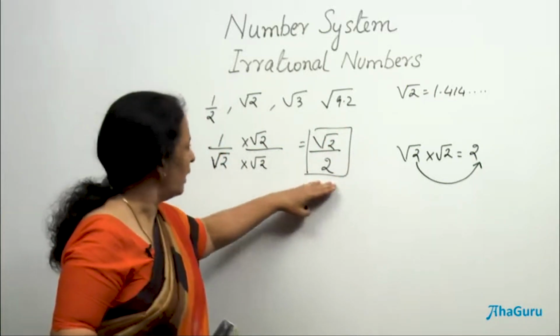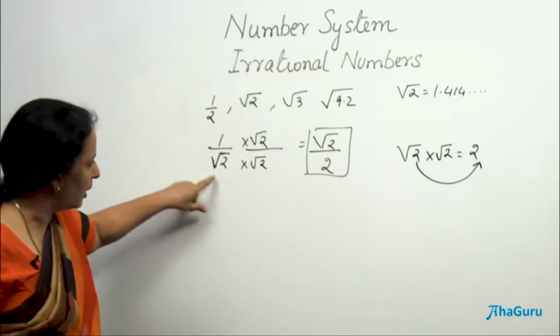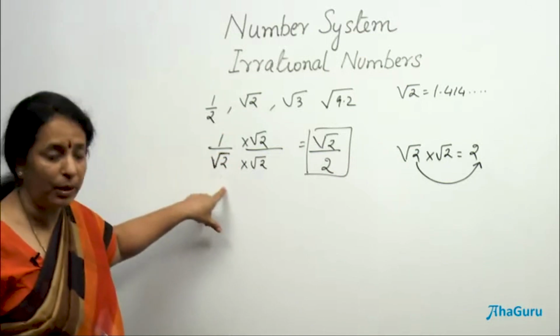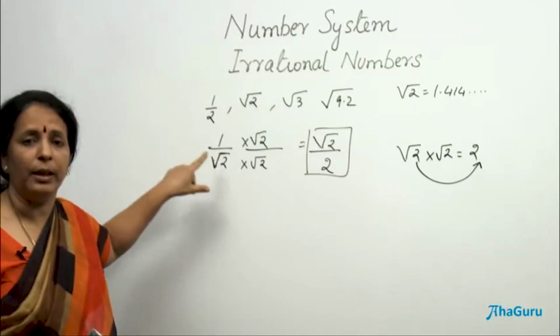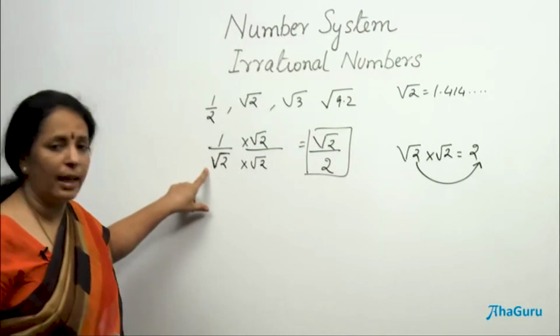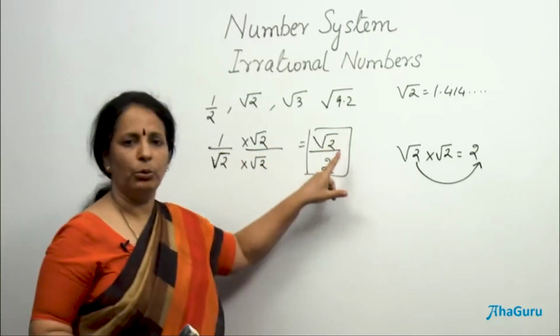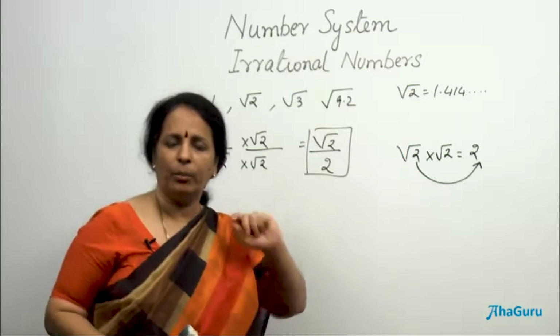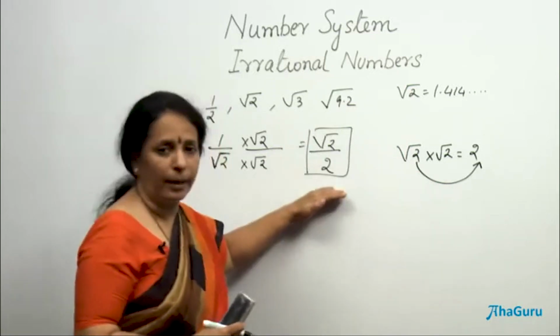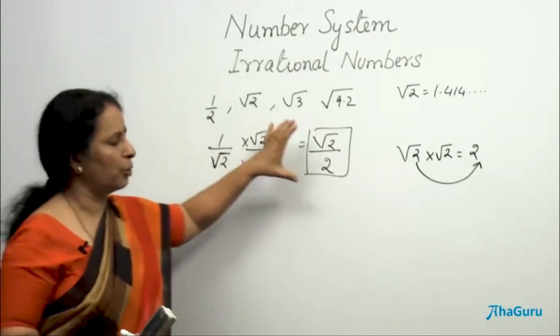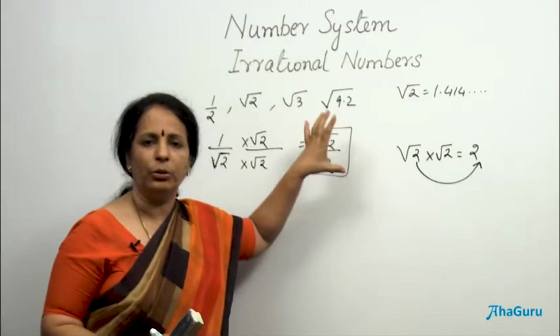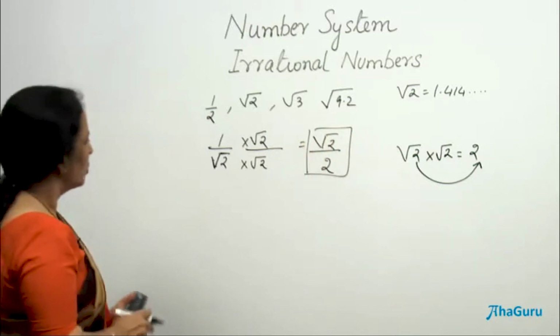So this is the way any number with an irrational number in the denominator has been rationalized, by multiplying by root 2 to get root 2 by 2, and this can be plotted on the number line. So any such number has to be immediately converted into this form. That's all. So there are some standard rules.